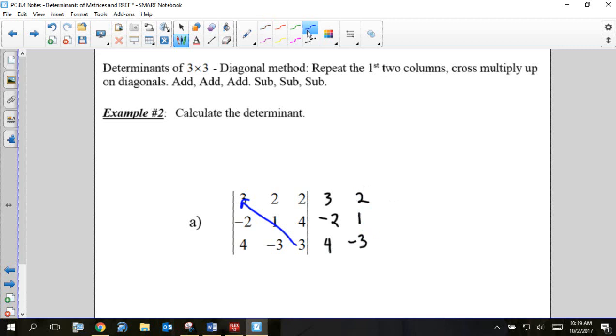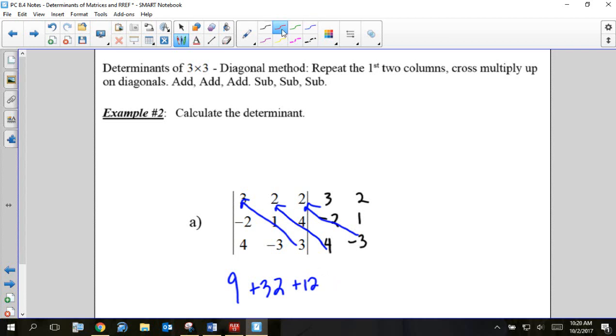And then when we multiply 3 times 1 times 3, we get 9. And then we're going to multiply 4 times 4 times 2. And that's going to be 32. And then we're going to multiply -3 times -2 times 2. And that's going to be 12. So that's, instead of just having one number, subtracting one number, it's now going to be 3 numbers.